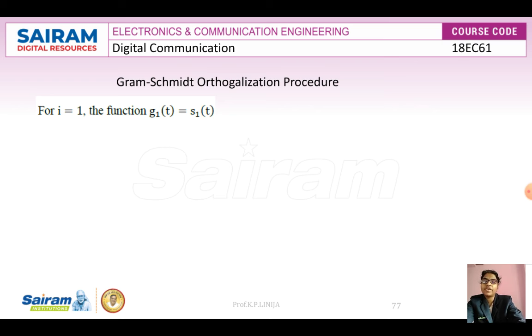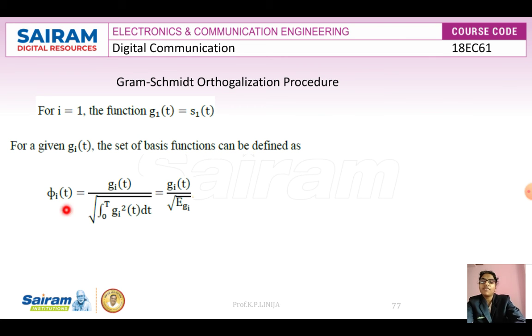Then in the above equation, we substitute i equal to 1 and the function g1 of t is equal to s1 of t. So the intermediate si of t will have some set of basis functions, and that set can be defined in the form phi i of t is equal to gi of t divided by the square root of the energy.